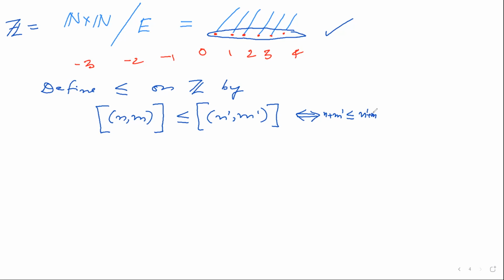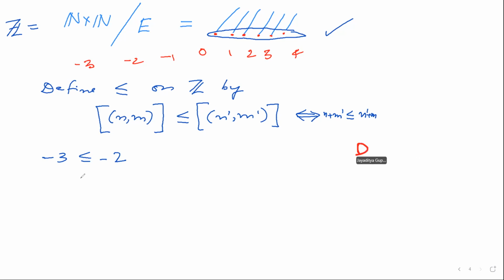That is, let's get familiar with that one. Well, let's see. Let us find the equivalence class of, is minus 3 less than or equal to minus 2? In the standard way, minus 3 is less than or equal to minus 2. Agreed? Minus 3 is less than or equal to minus 2.